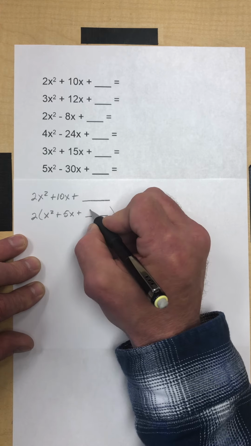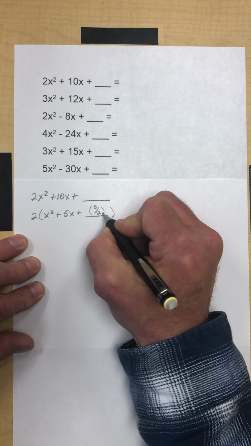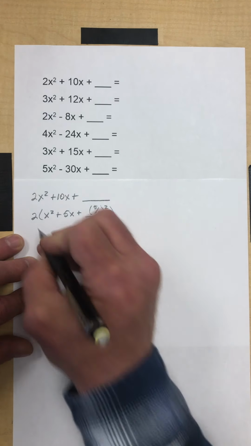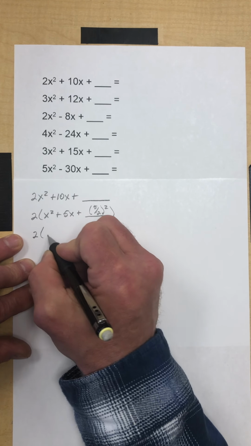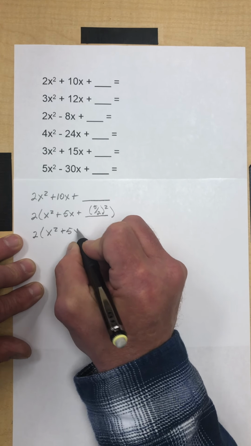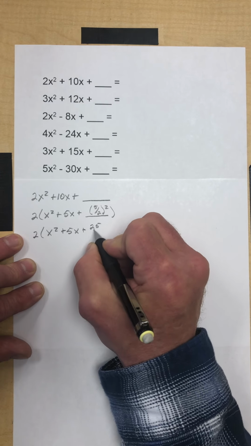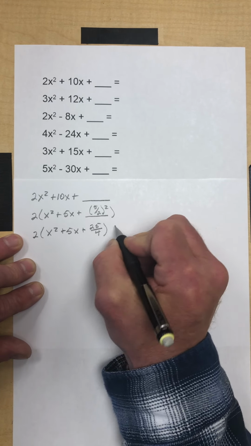We take the linear coefficient, divide by 2, and square that. So I get 2 times the quantity x squared plus 5x plus, squaring the 5/2 will give me 25/4.